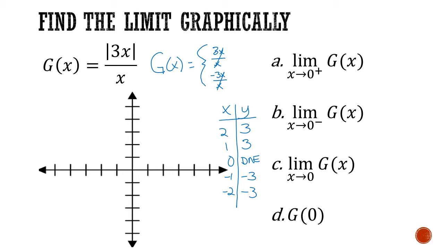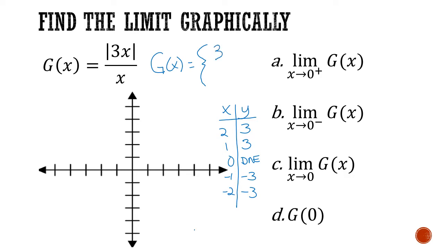Let's see if I can go to my eraser here. This is the absolute value of 3x over x, simplified to be positive 3.